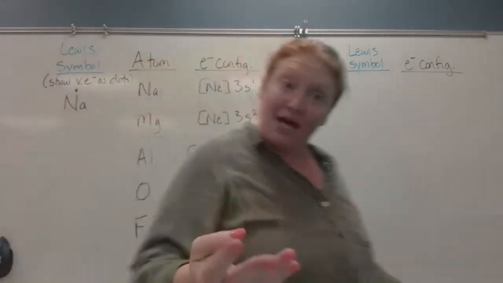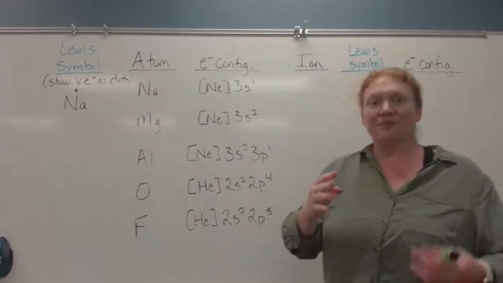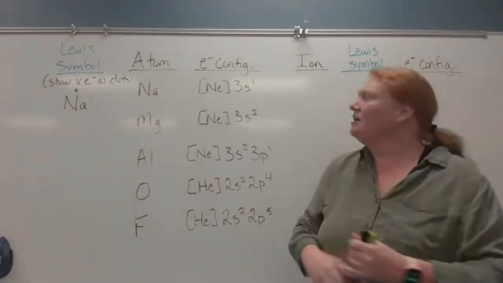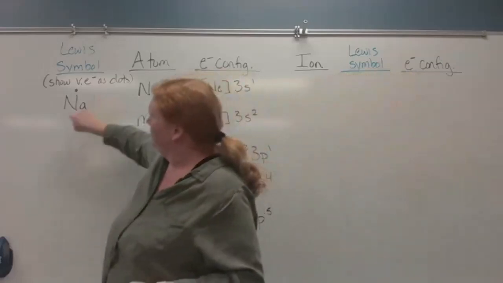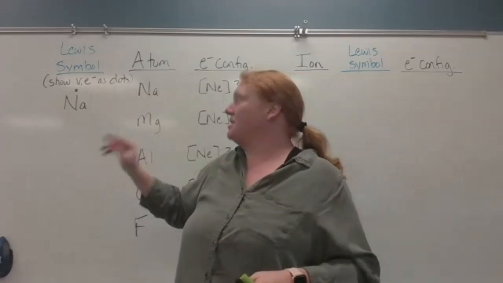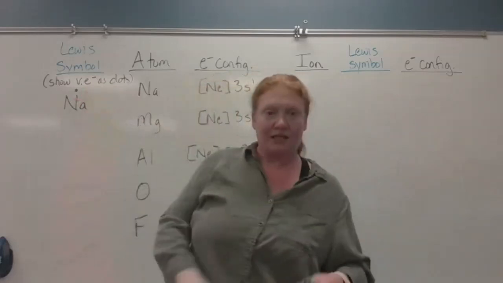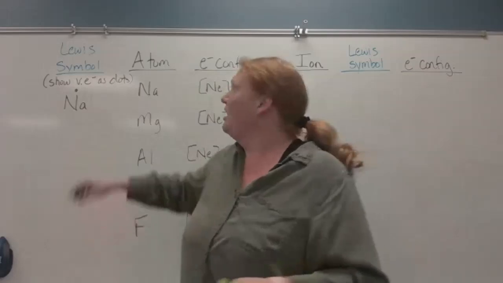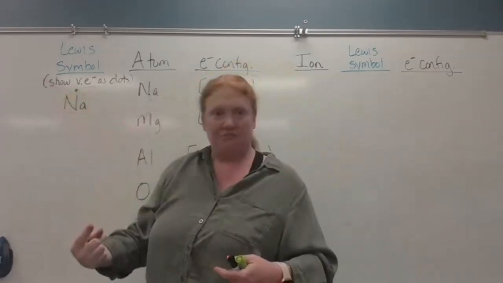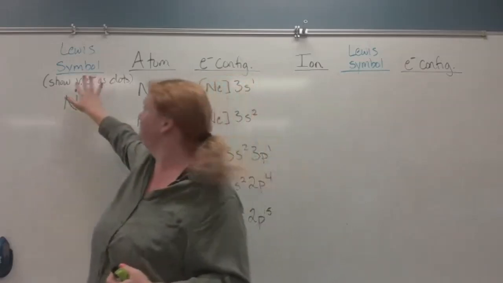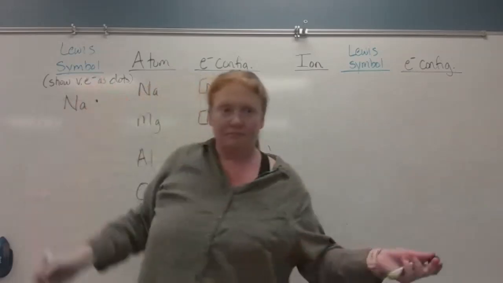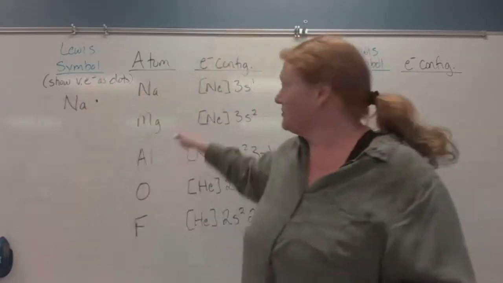Those 4 sides could be representing an s and those 3 p orbitals, okay? We are going to fill in dots around the sides, typically before we start putting 2 dots together. That's by convention. Does it matter which side you start with that 1 dot? Not at all. I could put it there, I could put it there. Doesn't matter, but it's just 1 dot.